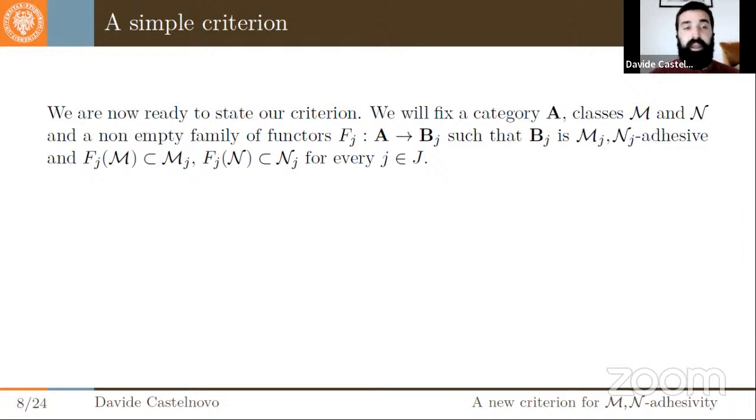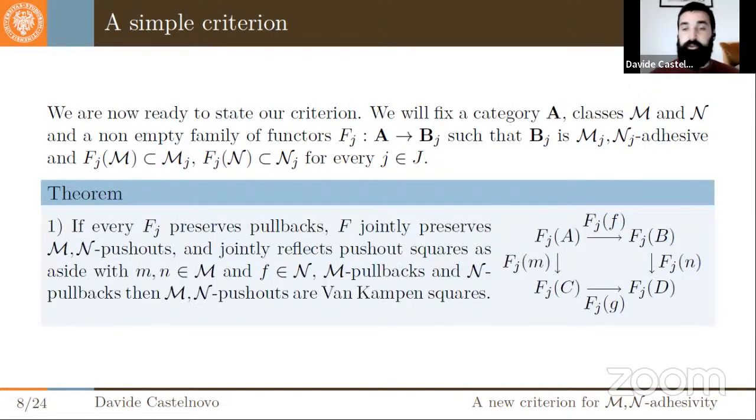We also assume that the images of M and N through any of the Fj are contained in these special classes. So, theorem: if every Fj preserves pullbacks and F jointly preserves MN pushouts and jointly reflects some kind of pushout squares, as the one depicted on the right, then MN pushout squares in A are stable under pullback.